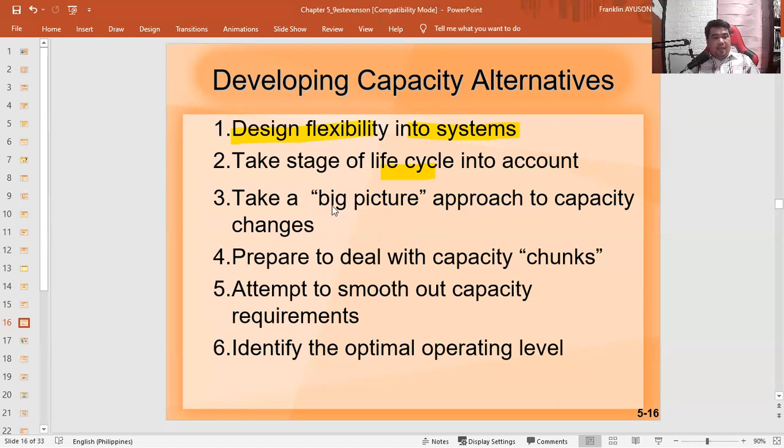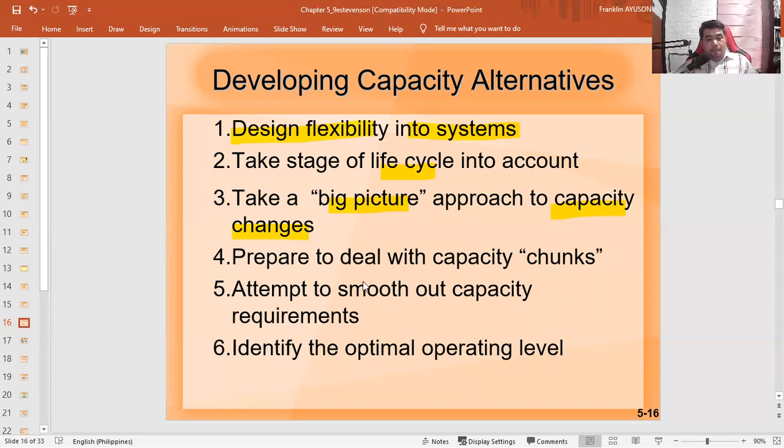Another would be taking the big picture approach to capacity change. Meaning to say, talagang babaguhin mo na kasi tinignan mo yung big picture overall, that the demand will really increase and we really need to adjust our capacity, whether to increase or to decrease.